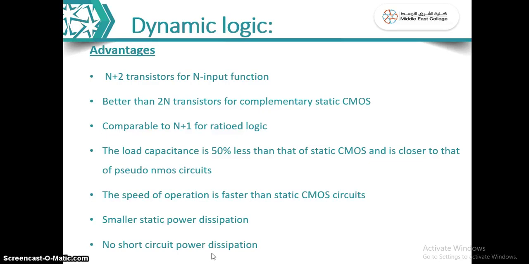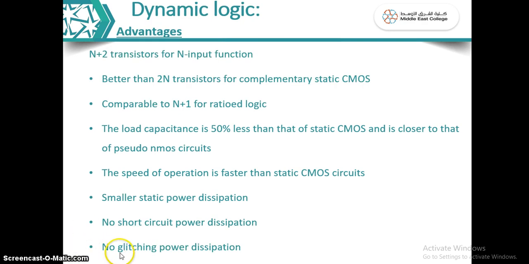Here it won't occur because the operations are in two phases, the pre-charge and evaluation phases, which were already explained in the previous video. So there is no short circuit power dissipation in dynamic logic.